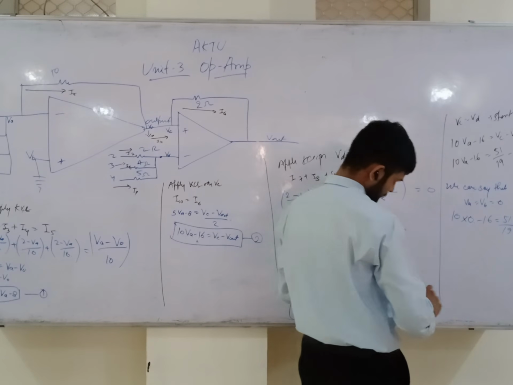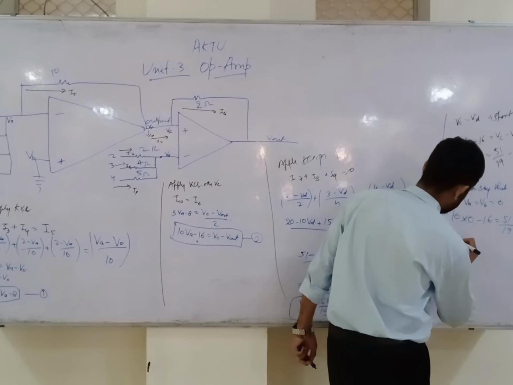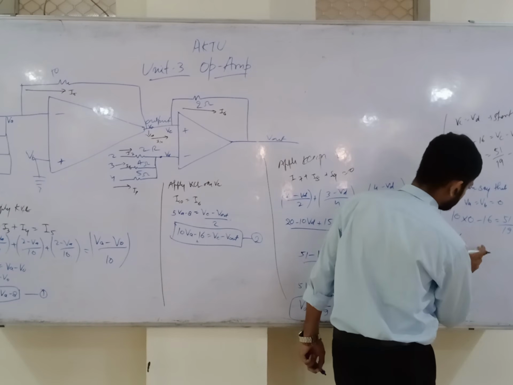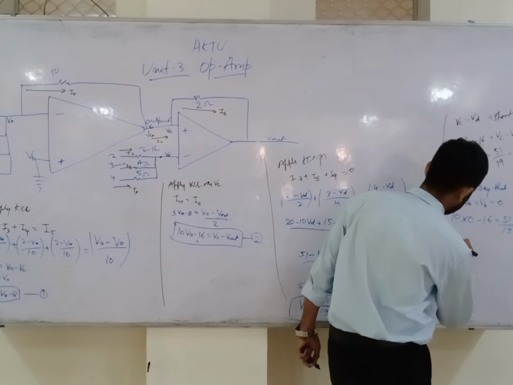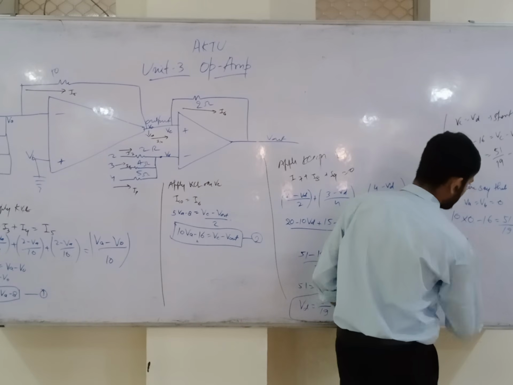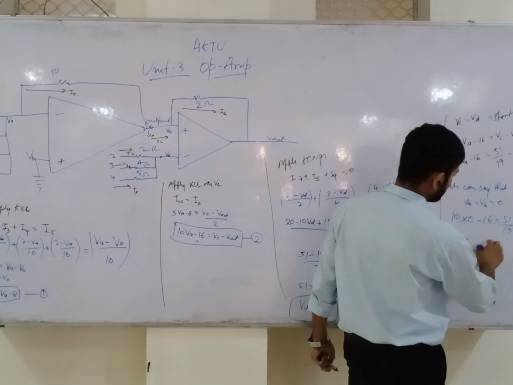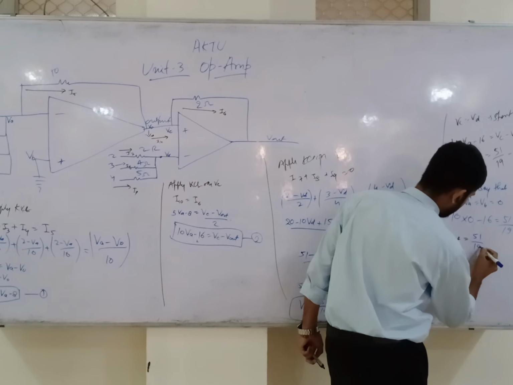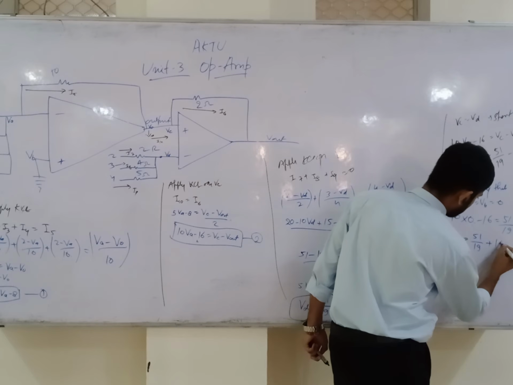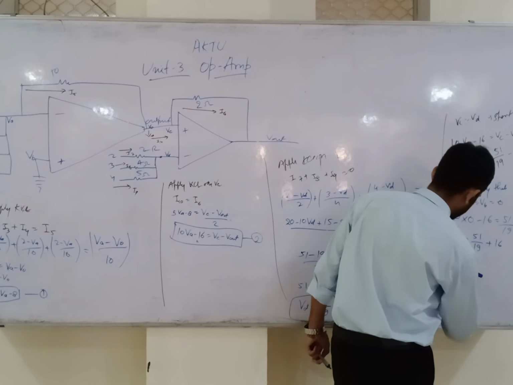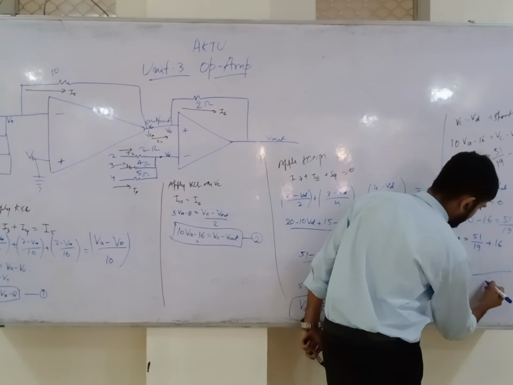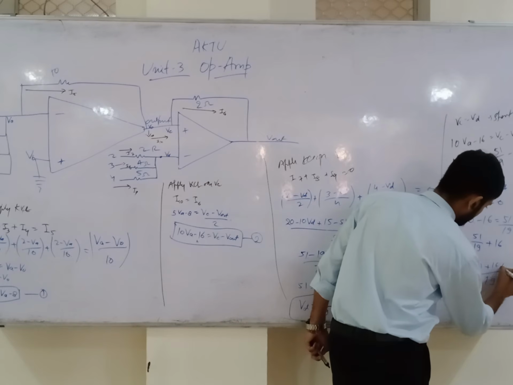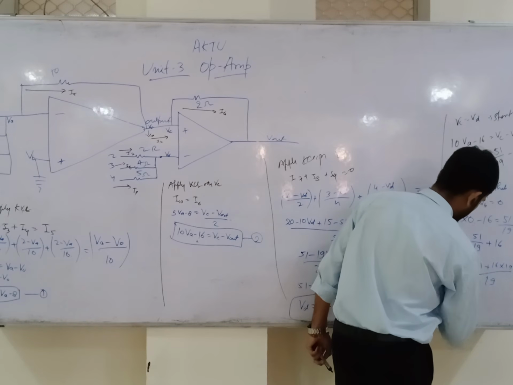So V output is equal to 51 upon 19 plus 16, which is (51 plus 16 into 19) upon 19. This is the total V output.